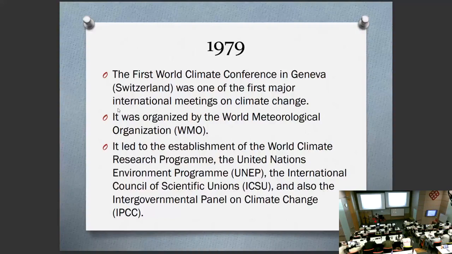So for this subject, sometimes we will use the data published by the IPCC, like the global warming potential. Before the break, we just learned the concept of global warming potential, right? The values of these global warming potentials actually come from the IPCC reports.